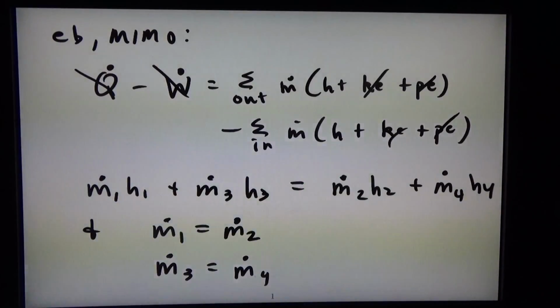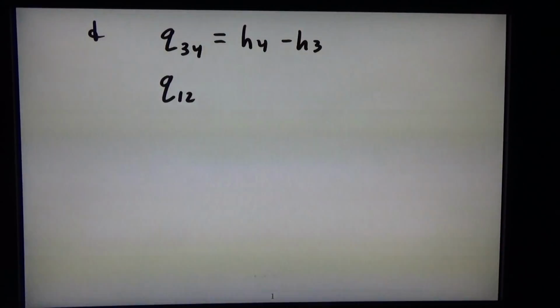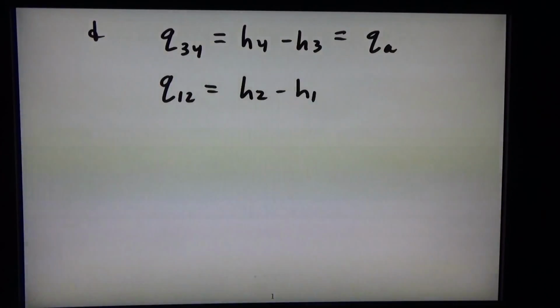For the energy balance on the heat exchanger, for the air, the heat transfer to the air, we can say as q34. That's the heat transferred per unit mass to the air, equal to h4 minus h3. Heat transferred to the water is h2 minus h1. Alright, this is Q for the air, this is Q for the water.